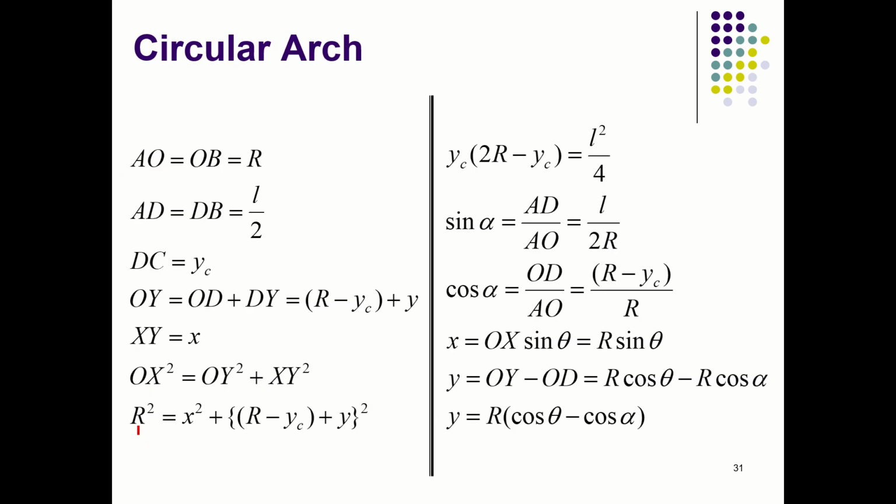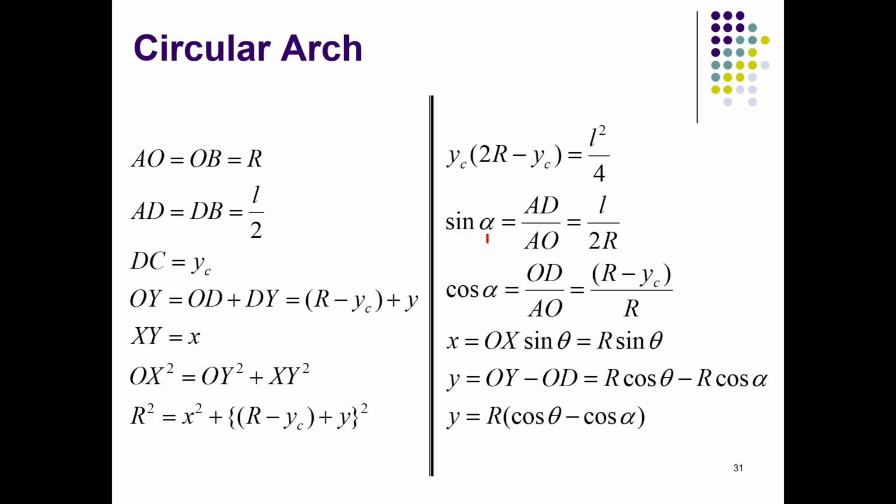Here you know that OX is radius r, XY is x, and OY is r minus yc plus y. Taking the square of it and solving this will give you yc into 2r minus yc is equal to L square by 4.